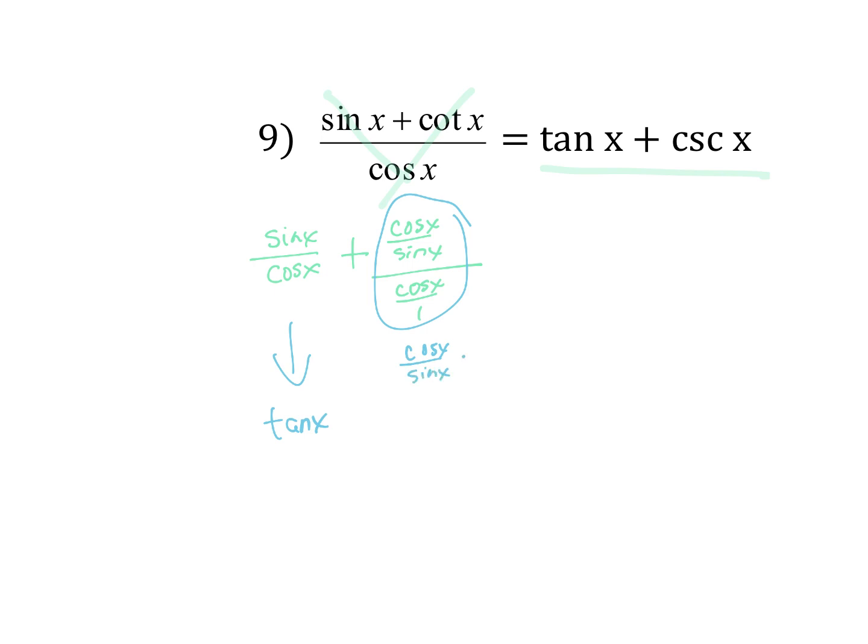We change to multiplication and we are flipping this. And what's 1 over sine x equal to? Mason? Cosecant x. And that's what we're looking for, isn't it? Booyah. Isn't that nice? Not too bad, huh?